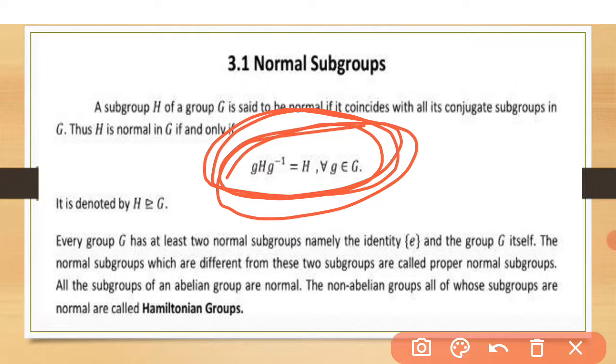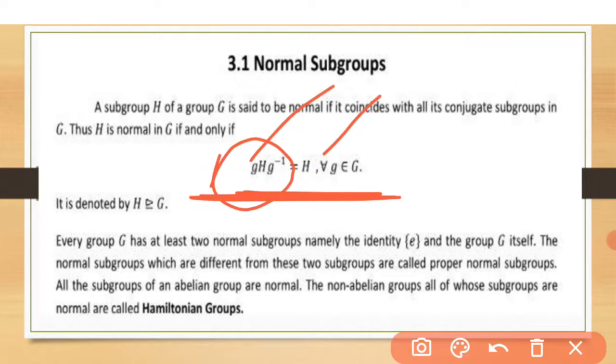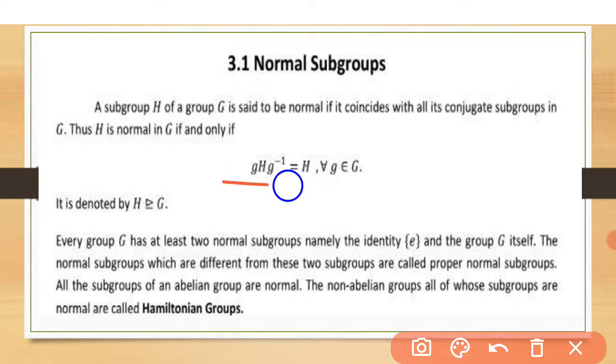If we change the elements, that is, if we are multiplying from the left and right side by cosets, or by taking conjugates of other elements, then the result will be the same. That's why its other name is self-conjugate.